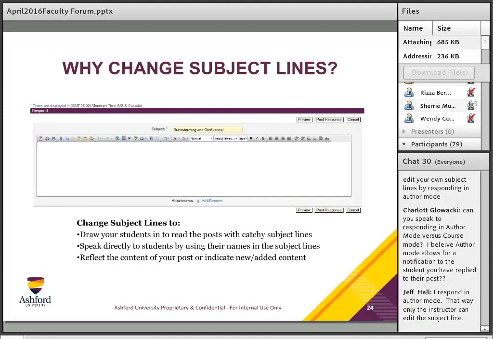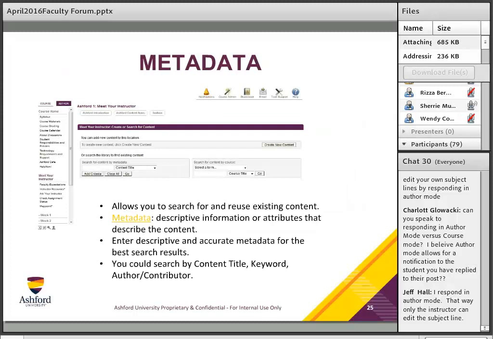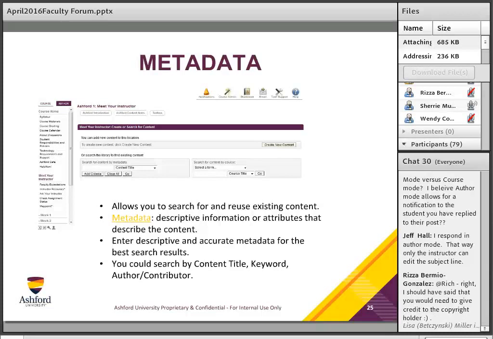And lastly, there's metadata. I use this feature mostly for my biography. So instead of having to upload it each time or copying from a previous course, all the content that you post in eCollege is there for access.